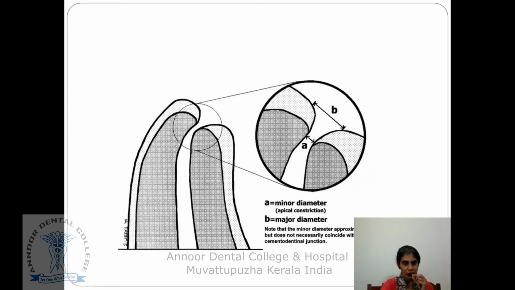And you have the cemento-dentinal junction. And when you take an X-ray, the apex what you see is called the radiographic apex. You have to make a note that all these don't coincide. CDJ is different, apical constriction or the minor diameter is different, and major diameter is a different location.